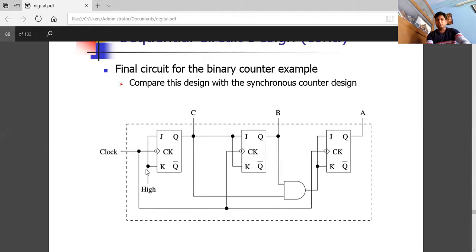JC and KC are 1. JB and KB go to C, and JA and KA are equal to BC. So B and C we combine with a gate and it goes to JA and KA. This is the synchronous counter design circuit. That's the complete part of designing the circuit: the final circuit of the sequential circuit for a 3-bit counter.